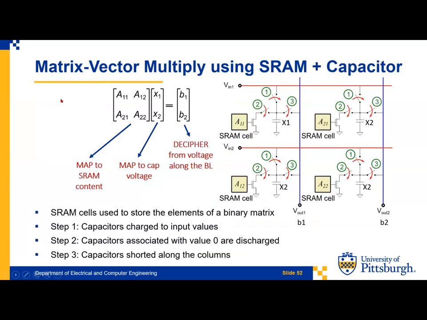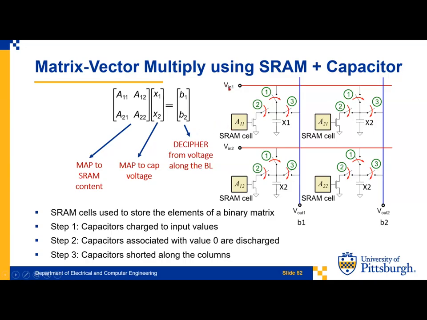And this slide introduces the matrix vector multiply using SRAM with capacitor. How to implement that? The first step is to map the A matrix to the SRAM cells here.